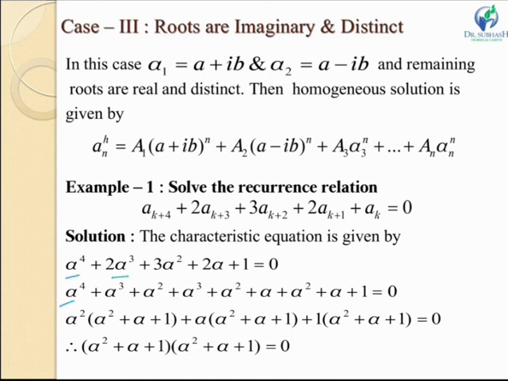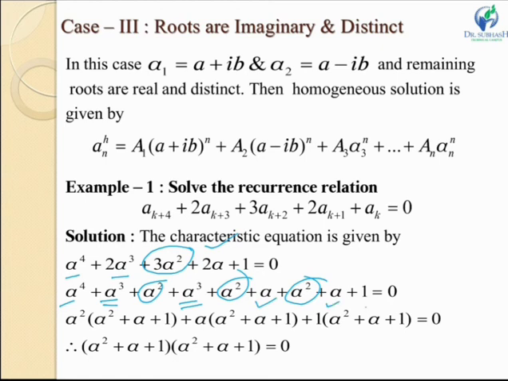Now this 2 alpha cube I have split into two parts, alpha cube plus alpha cube. Next term is 3 alpha square. I have split this again into alpha square plus alpha square plus alpha square, and this 2 alpha I have split as alpha plus alpha, and this 1 is as it is.